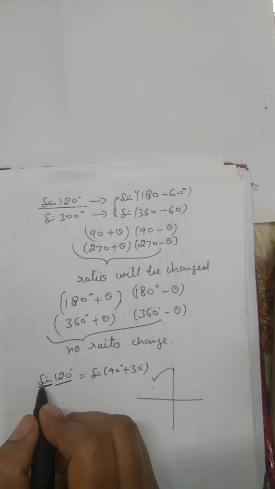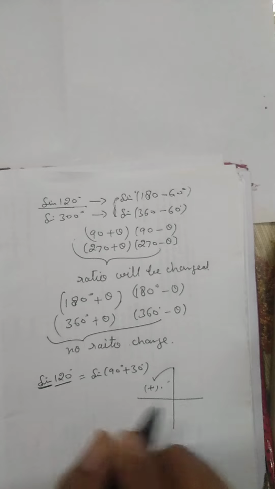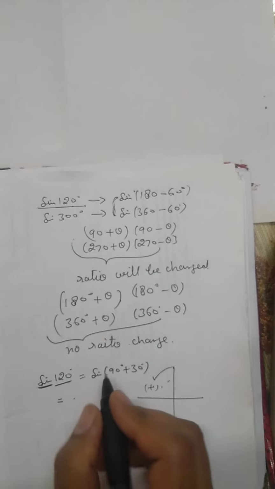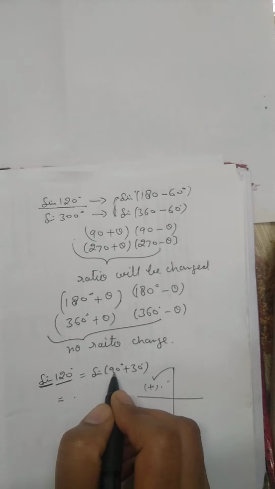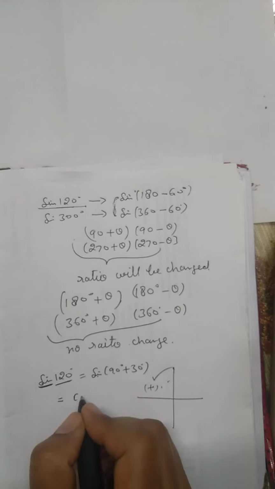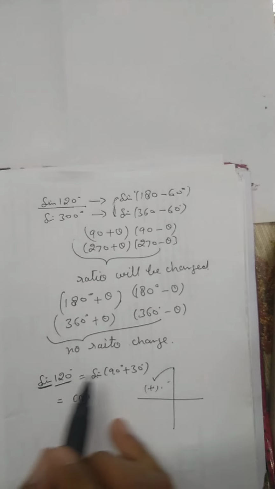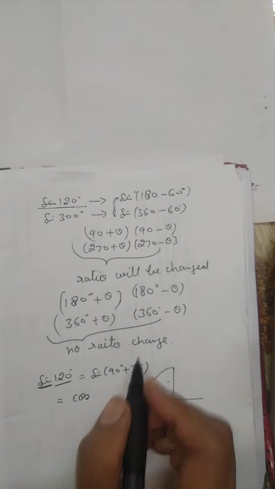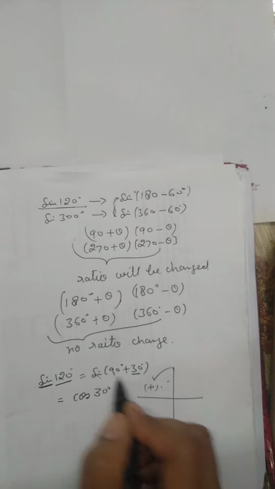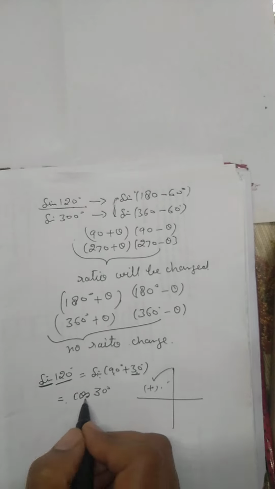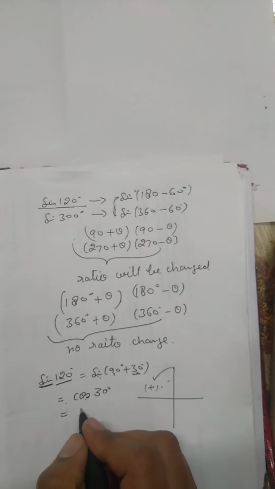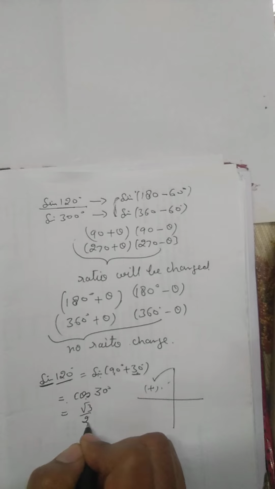In the second quadrant sine is positive. Then there will be a positive sign, but with 90 degree sine will be changed to cos. So it will be positive cos, and theta is 30 degree. So sine of 90 plus 30 degree can be written as cos 30 degree, and we know the value of cos 30, it is root 3 by 2.